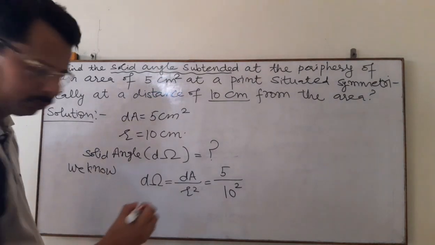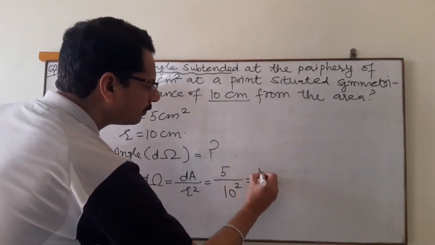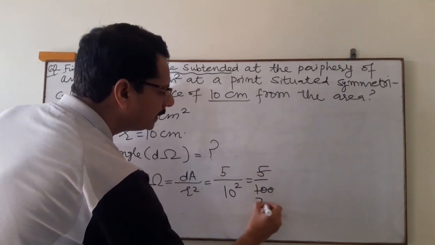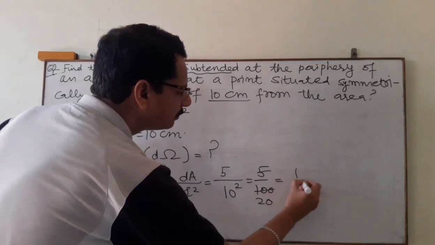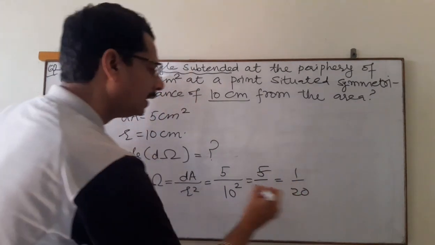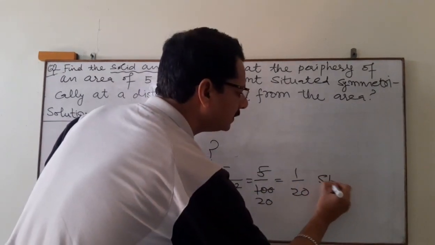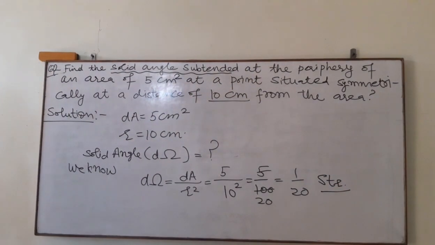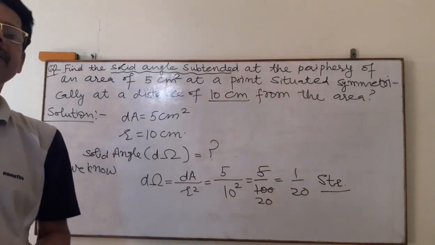So this comes out to be 5 by 100. If you cut it out, very easy, that is 1 by 20 d omega, and its unit is steradian, which is sr.